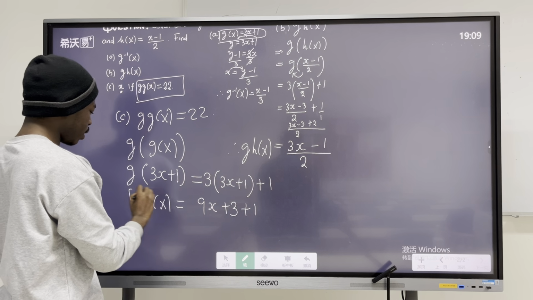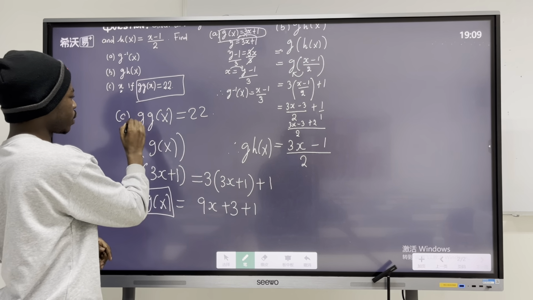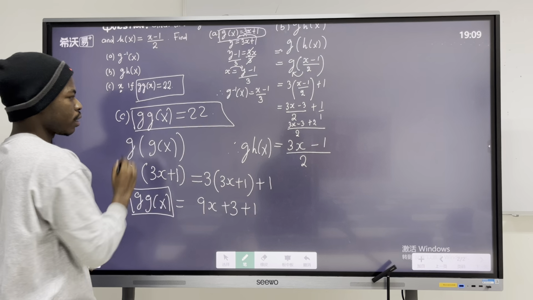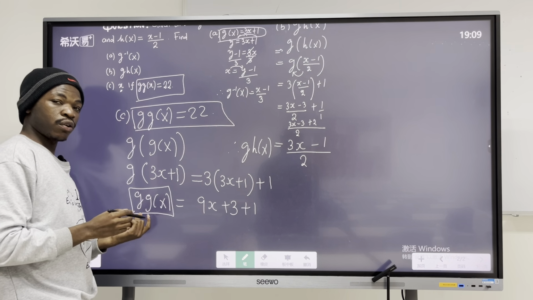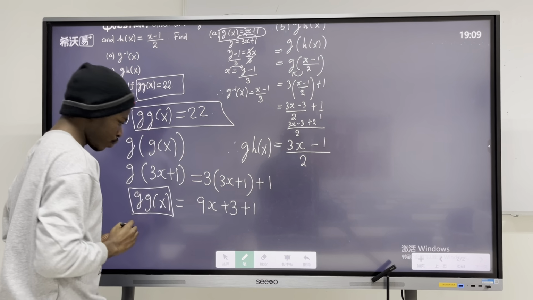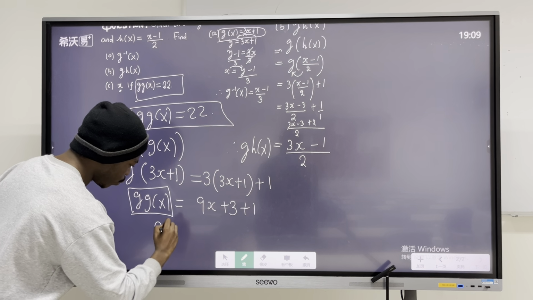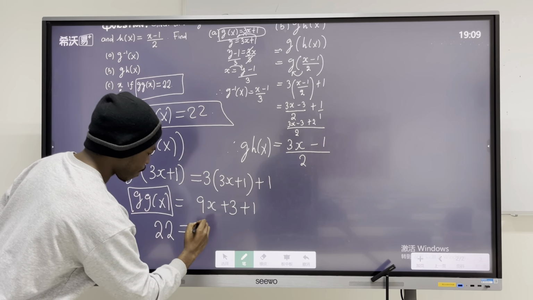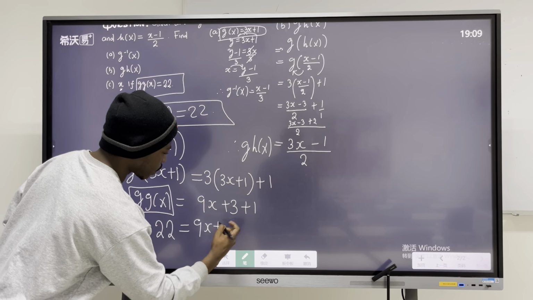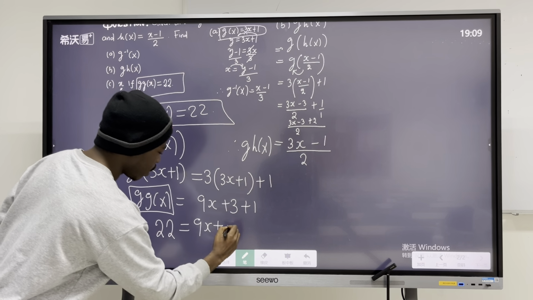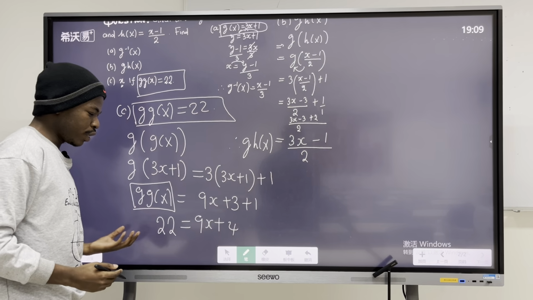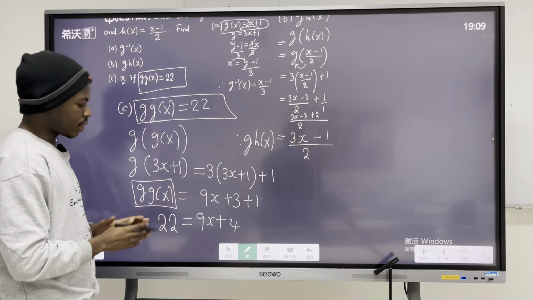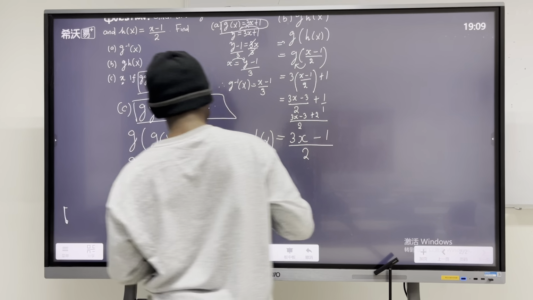So where there's g of g of x, I can actually put 22. So I could have 22 here, is equal to 9x plus 3 plus 1, which is 4. So all we need to do here is collect the like terms and find the value of x.